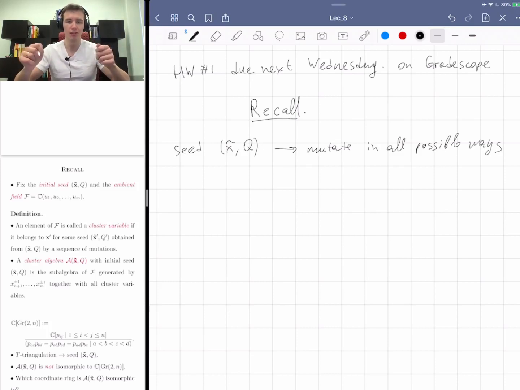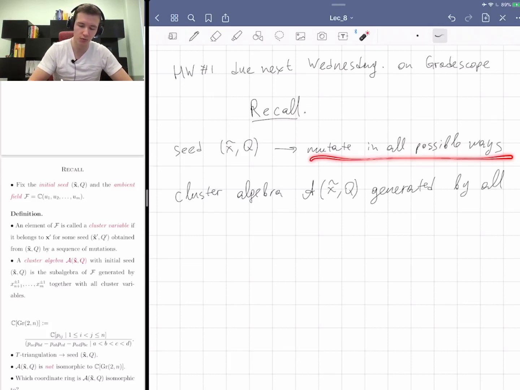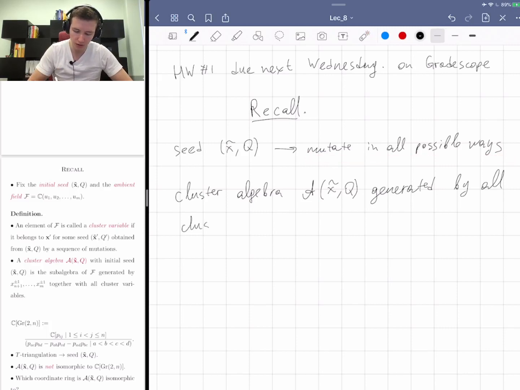So you mutate all the mutable vertices, you get a bunch of quivers, you mutate all of their mutable vertices, you get a bunch of more quivers, and etc. And then the cluster algebra A of (x tilde, Q) is generated as a ring by all the cluster variables you get as you mutate, together with inverses of frozen variables.